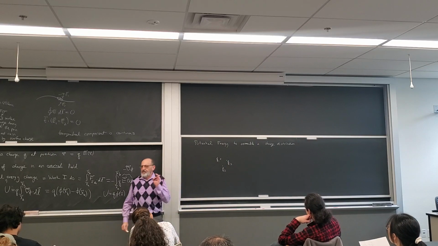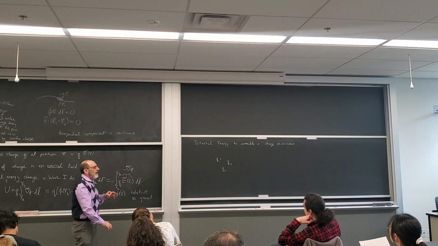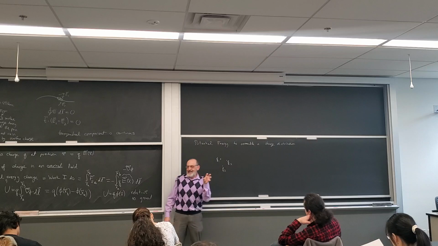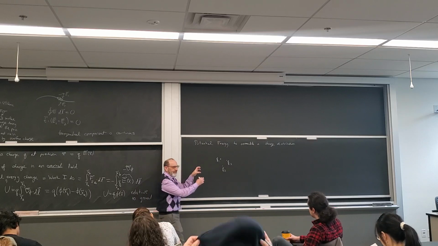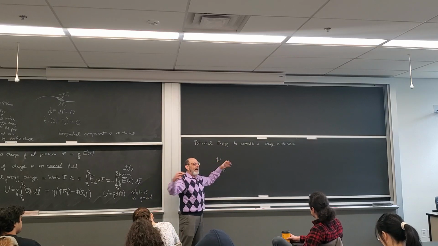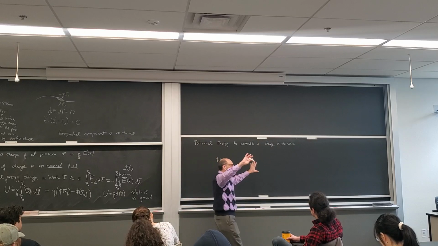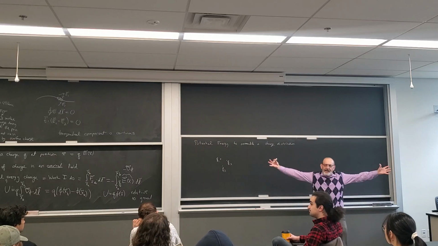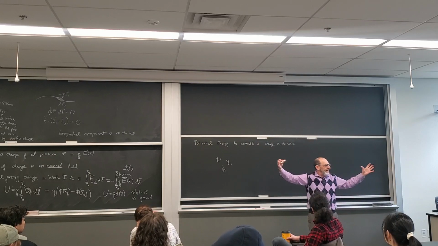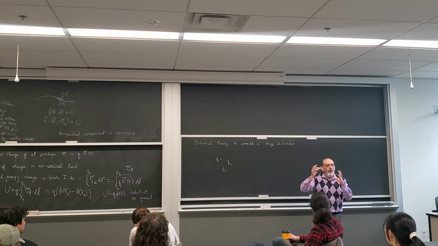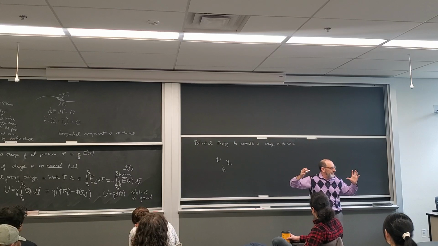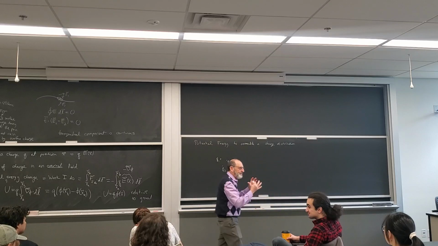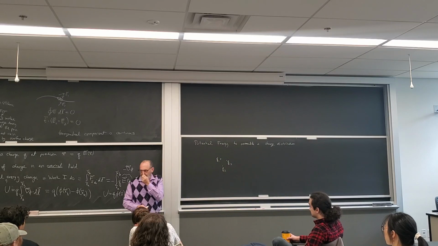So I can think about how much work I did in order to put these charges here, saying they were all initially separated infinitely far apart where there was no force on them, and then I brought them in from infinity. If they're all the same charge, there's a repulsion and there's so much work I have to do in order to squeeze them together to put them there, okay?